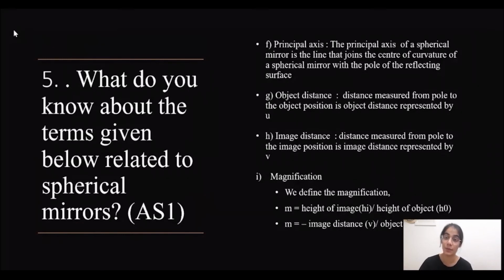Distance measured from pole to foot of the image is image distance, and it is represented by small v. Magnification. We define magnification as the ratio of height of image to height of object. Also, magnification can be defined as the negative of the ratio of image distance upon object distance.